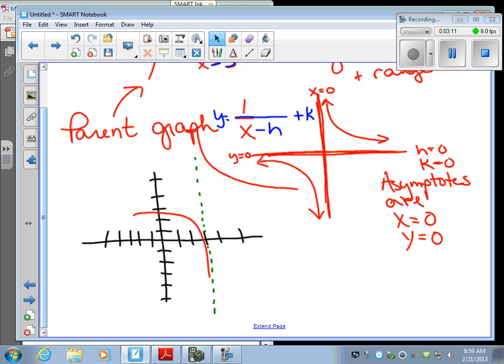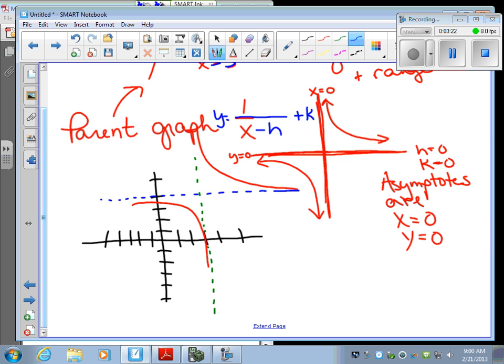And now the y asymptote is going to be at 4. So here y equals 4. Here x equals 3. Those are my asymptotes that will never cross. So this is my new graph.